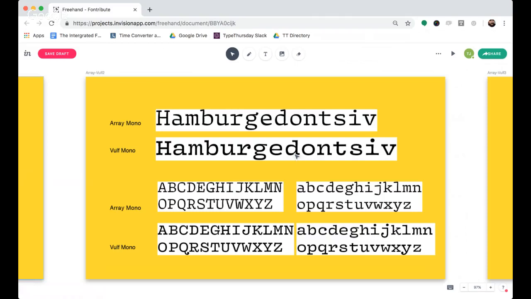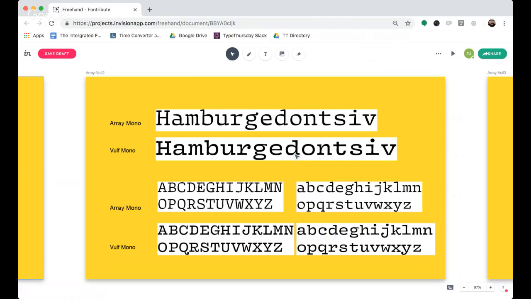And I figured this is a great opportunity to explore some of the innovations that are possible within monospace fonts. I'm going to use Vulf Mono from OHno Type as a comparison of the different approaches. I think in particular, you'll notice that we have, at least I did in the past, a very particular assumption about what monospace fonts should look like because of their properties.